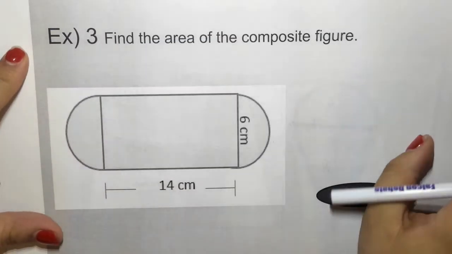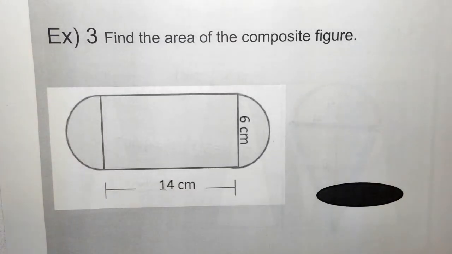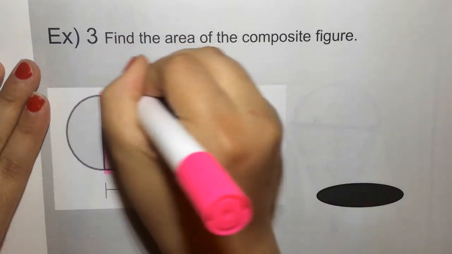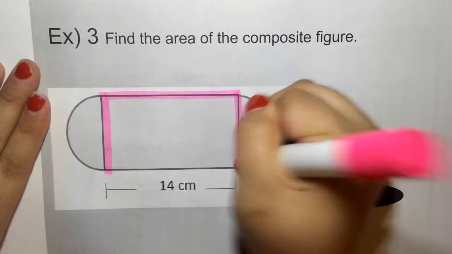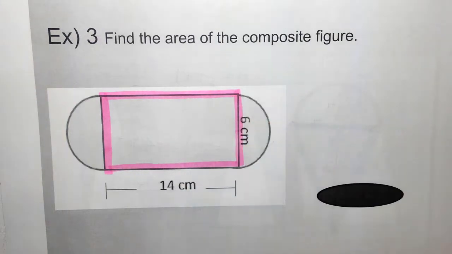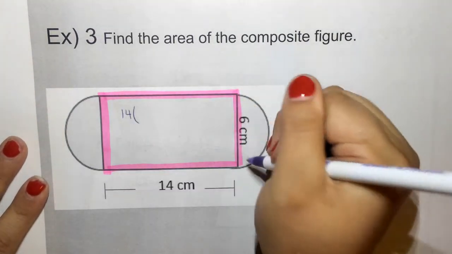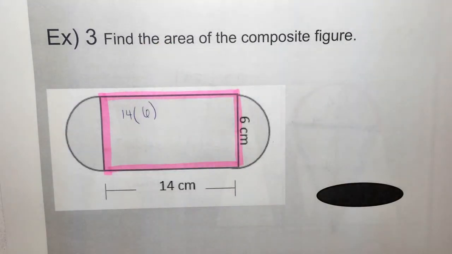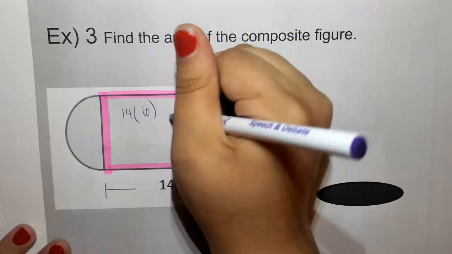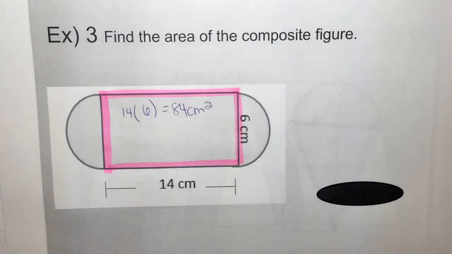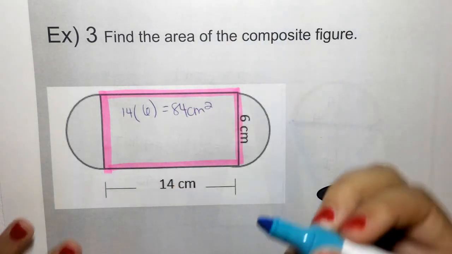Number 3. What do I have here? Well, I have a rectangle. My base is 14. My height is 6. And 14 times 6 gives me 84 centimeters squared. But I also have semicircles.